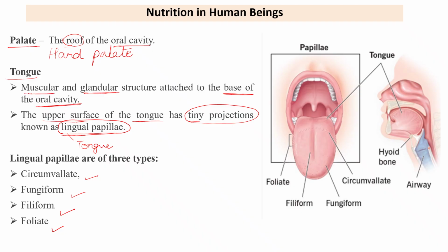You can see here this is the region for the circumvallate, this region is for filiform, here comes the fungiform, and on the sides are the foliate.